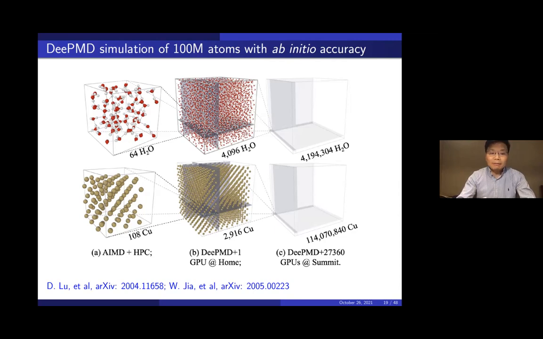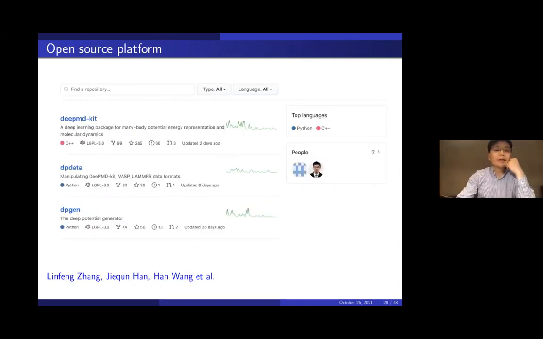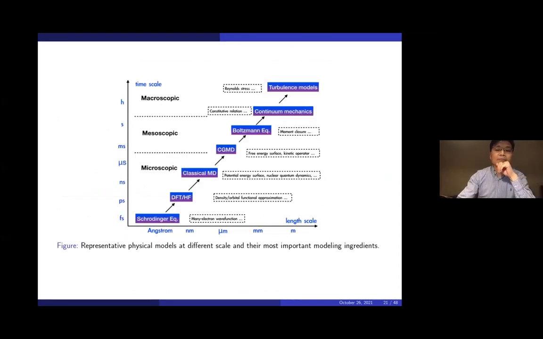They don't happen very often. You have to try many steps in order for one event to happen. And that's still an issue. We're still working on that. Again, we've developed open source platforms for people to play with. And actually there are lots of people who are doing this.